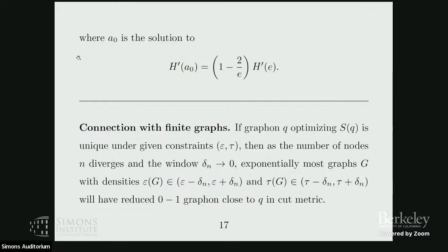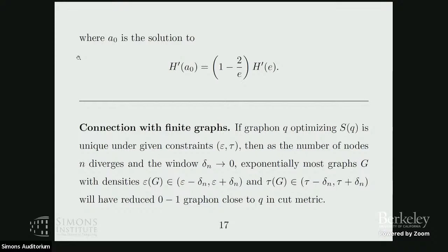If a graphon which is optimizing our rate function is unique, which is not talked about a lot. Actually, proving uniqueness is extremely hard.